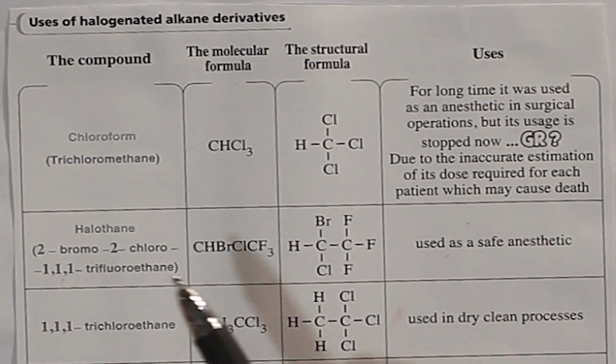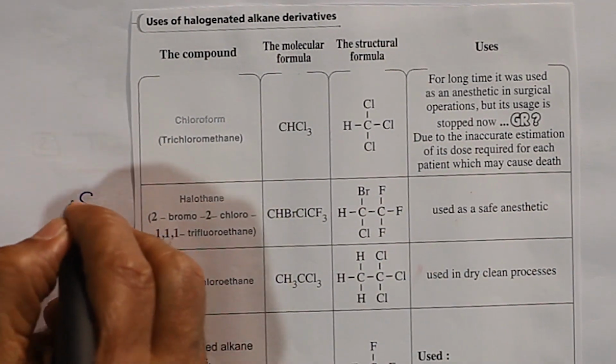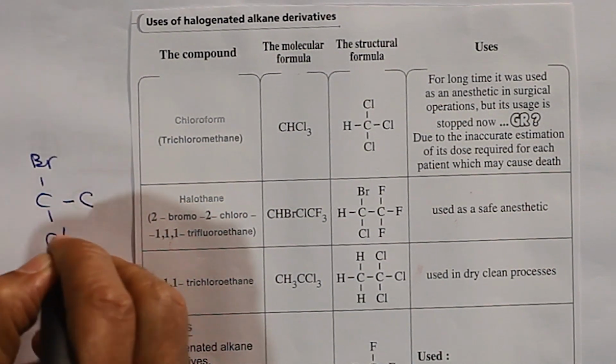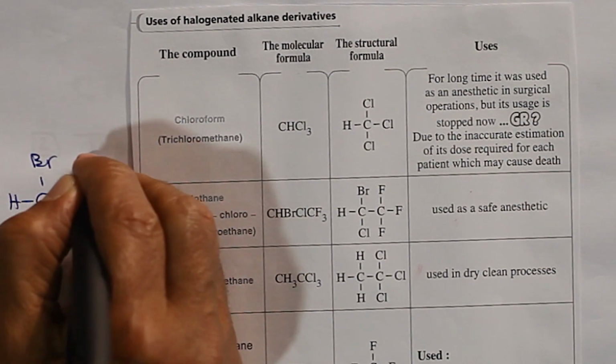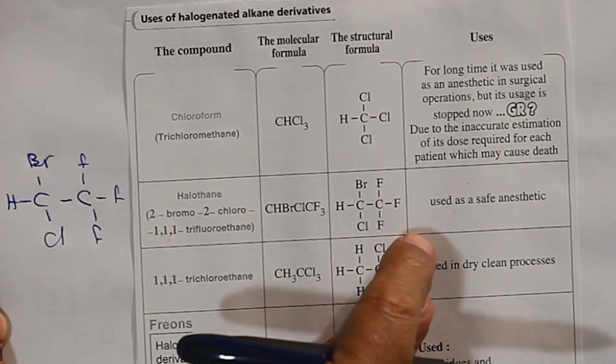Number two, halothane. Halothane has carbon, bromine, chlorine, hydrogen, fluorine. It contains several halogens.